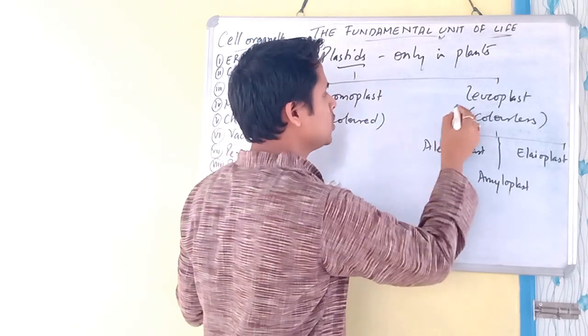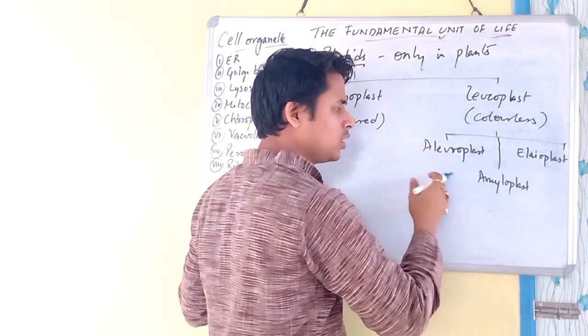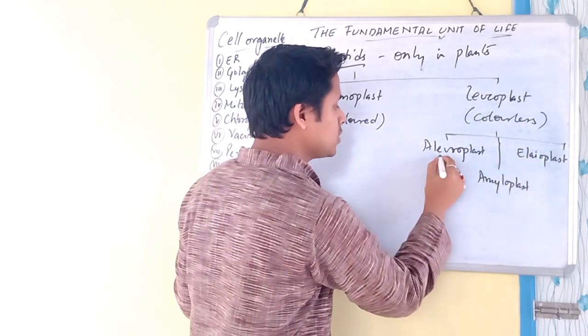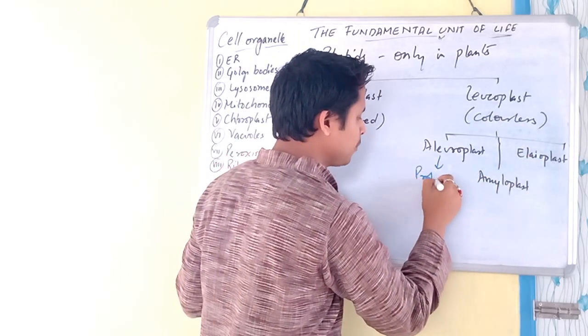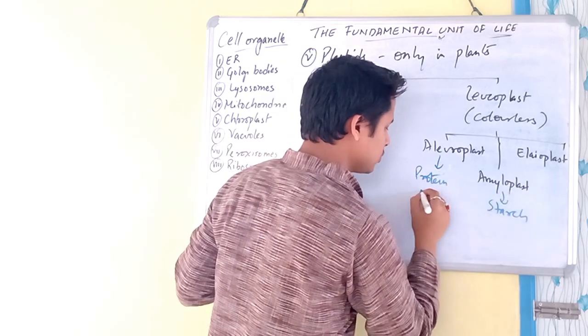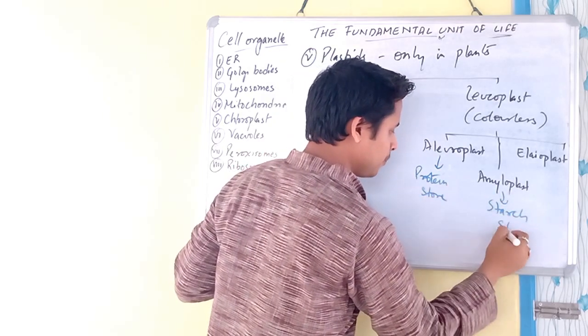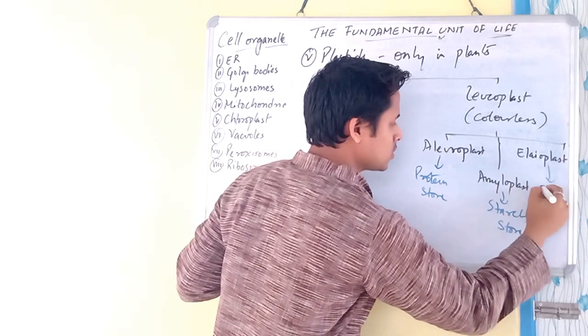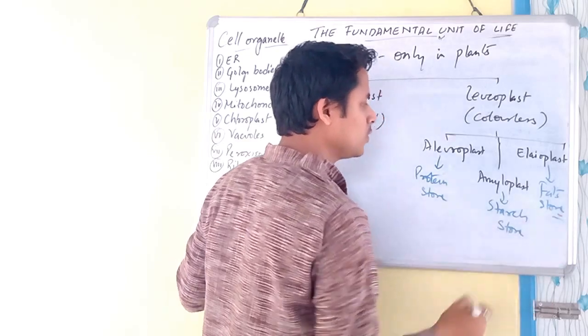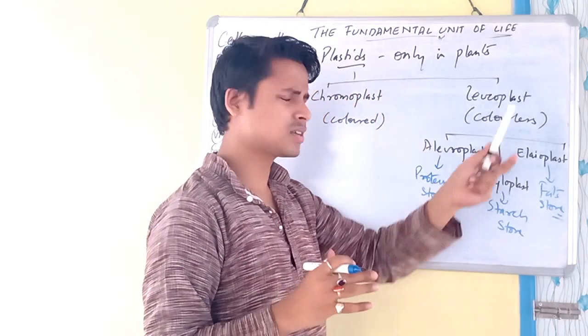They do storage. As per the different things they store, it is classified into three categories. The elaioplast stores fats, the amyloplast stores starch, and the aleuroplast stores protein. So their function is storage. That's why it is colorless.